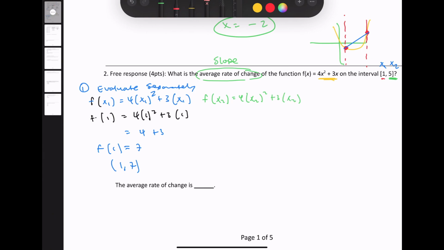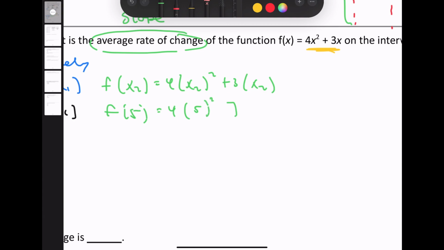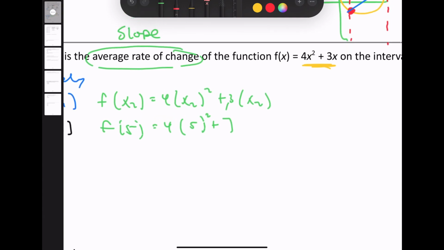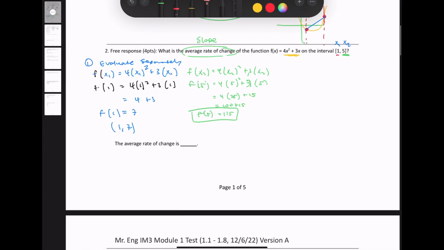And the x2 value is 5. So 5 squared is 25. 3 times 5 is 15. That's 100 plus 15. So f of 5 equals 115. And that is the ordered pair 5 comma 115.